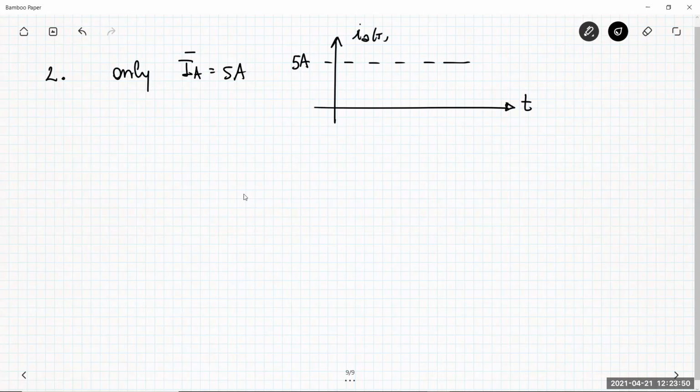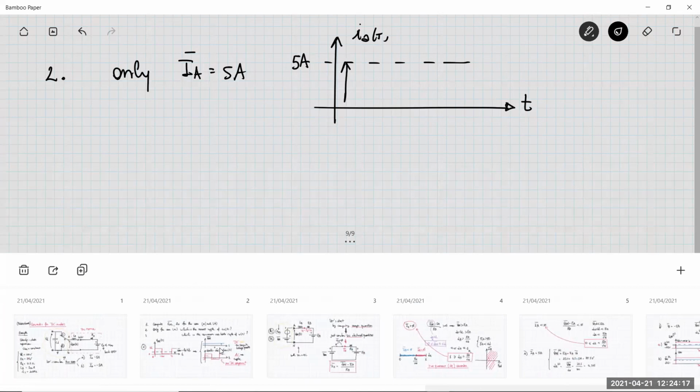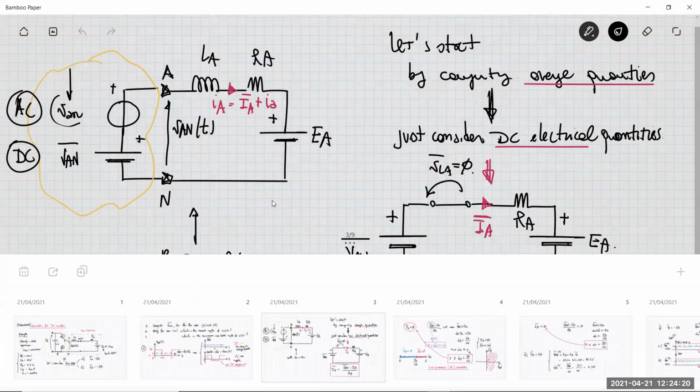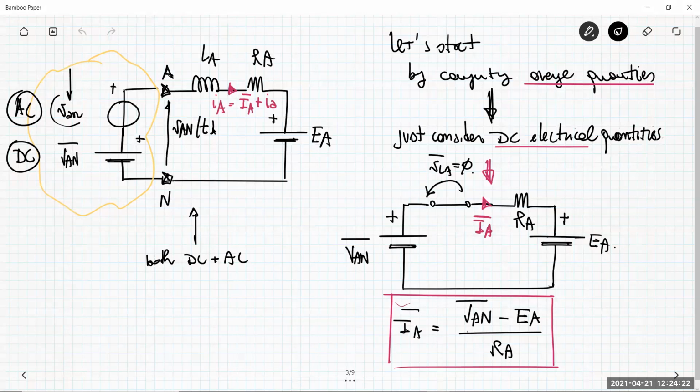And then superimposed on this current, there is a fluctuation, which is the ripple. Okay, so the ripple basically is the AC component of the current IA. The average value is the DC quantity, this constant level, but superposed on this there is just an AC contribution. Remember what I said in defining the circuits here, that the current IA has a DC contribution, the average value, and then you have something which is just AC, and this is the ripple.